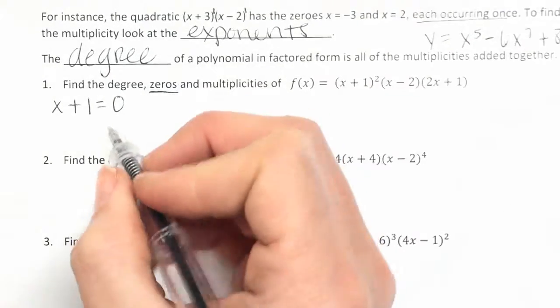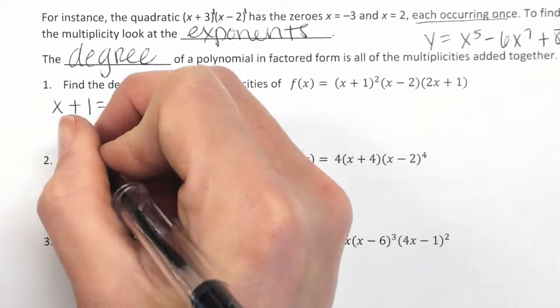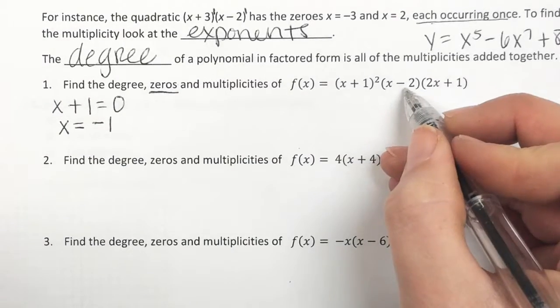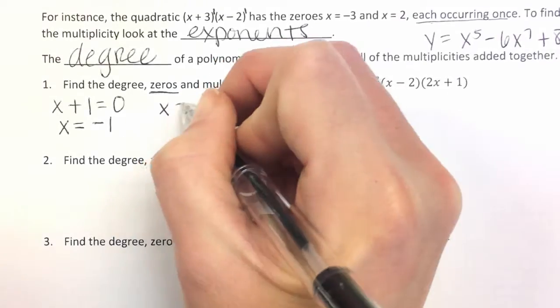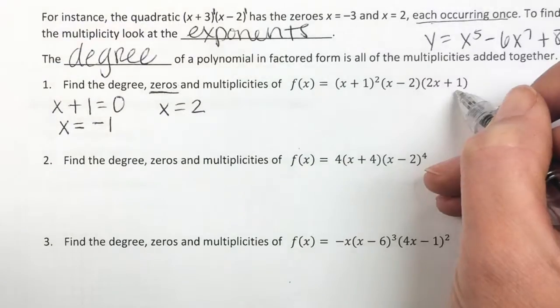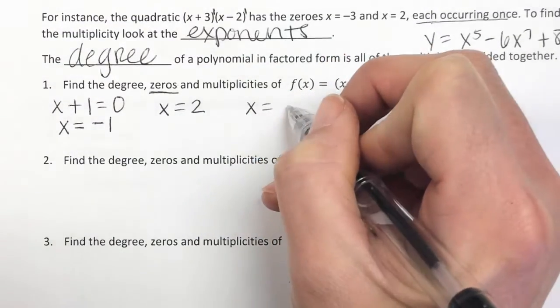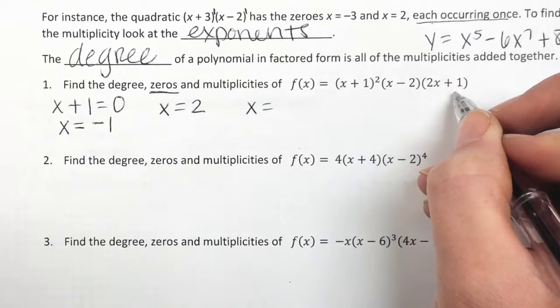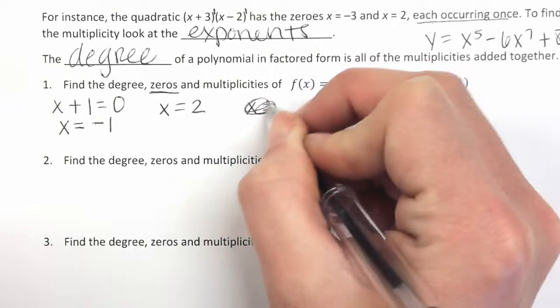So this 0 is going to be what? Negative 1. What's this 0 going to be? 2. What's this 0 going to be? Negative, what'd you say? 1/2, right? I'll write that one out.